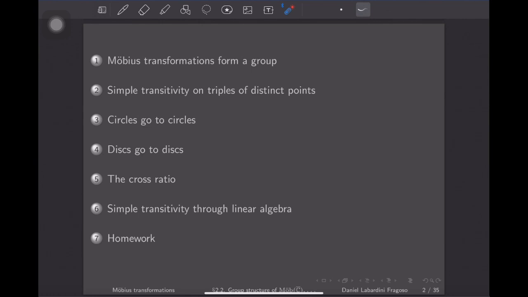And this is really a fundamental theorem for the whole theory.